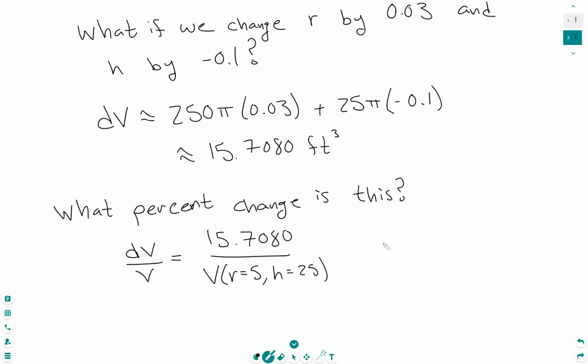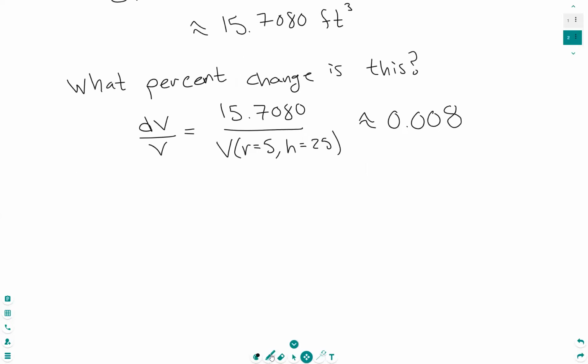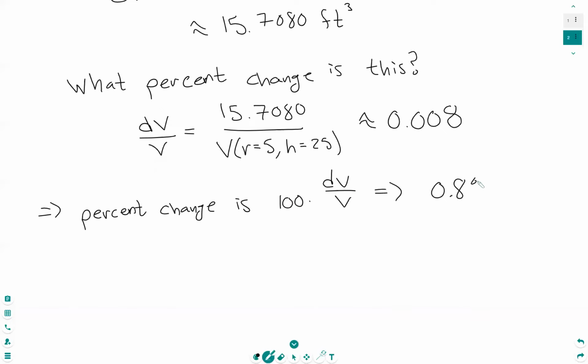This comes out to being roughly 0.008. So the percent change is 100 times our quantity dV over V, which in this case is 0.8%.